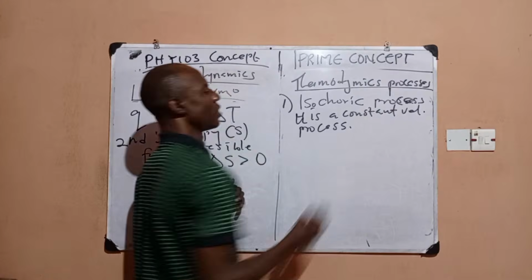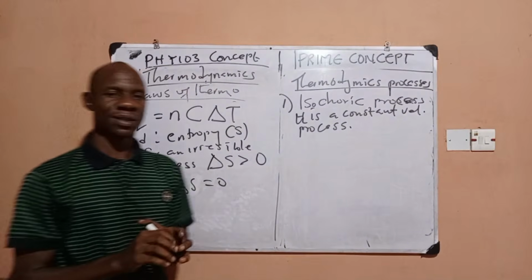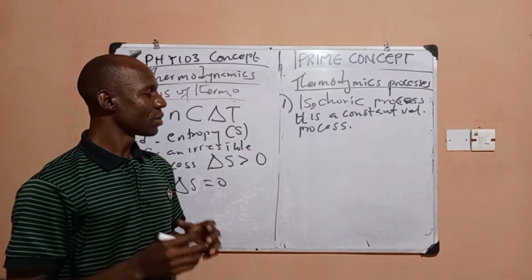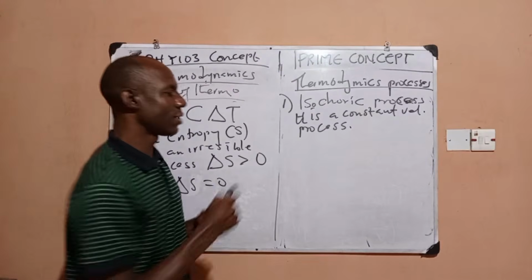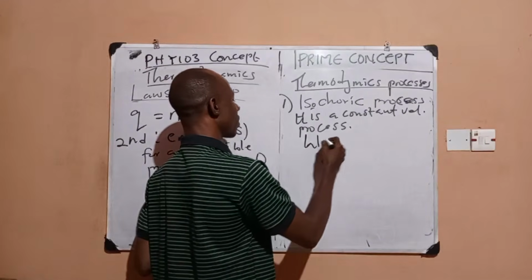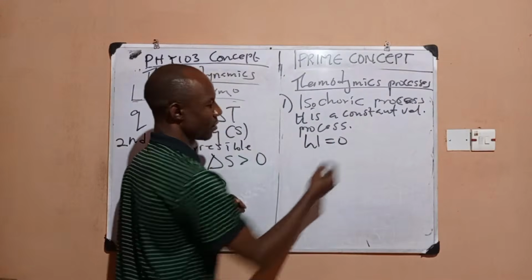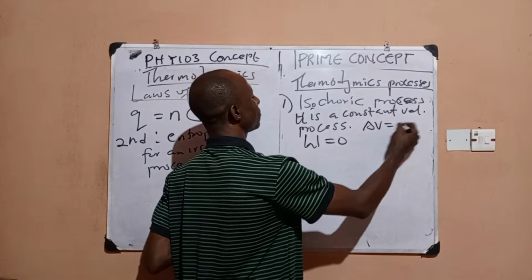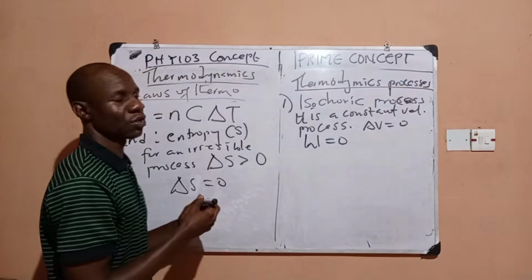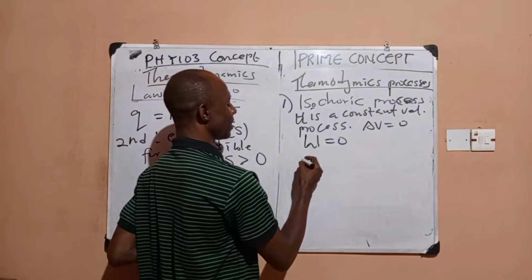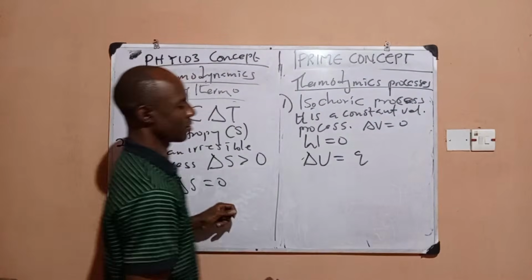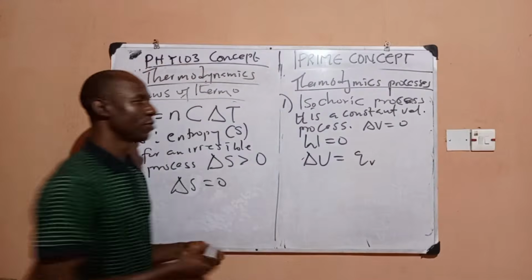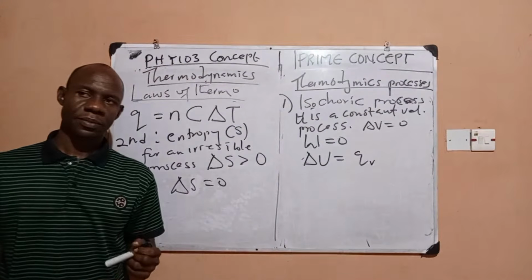So for an isochoric process, volume is constant, right? Now, if volume is constant, it means that for an isochoric process, work done is 0. Of course, if volume is constant, then change in volume is 0. That is what makes work done to be 0. And if work done is 0, change in internal energy is equal to heat transfer at constant volume. So take note of that.